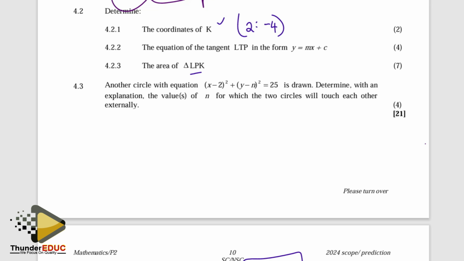So for the two circles to touch externally, remember, they need to be touching at just one point. That's the logical part of it. It's touching externally.